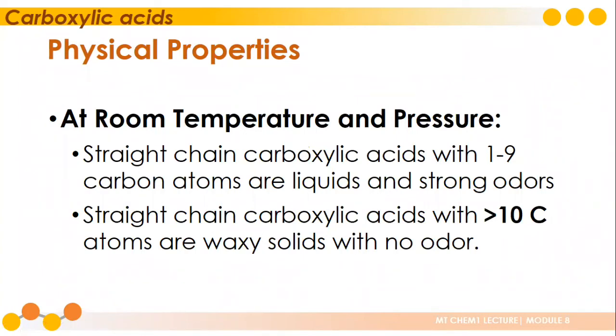This means that with increasing carbon atoms, the behavior of carboxylic acids is different, considering that they are at room temperature and at normal pressure. When we say straight-chain carboxylic acids with 1 to 9 carbon atoms, these are also known as low molecular weight carboxylic acids.